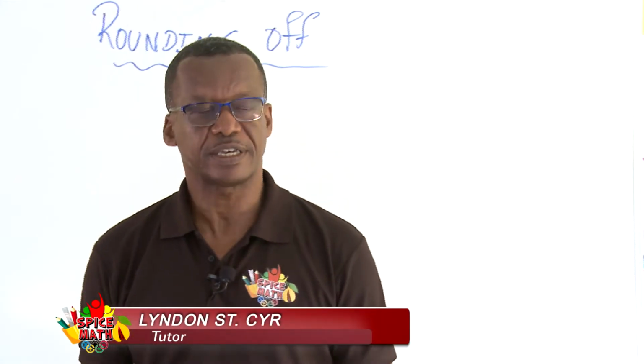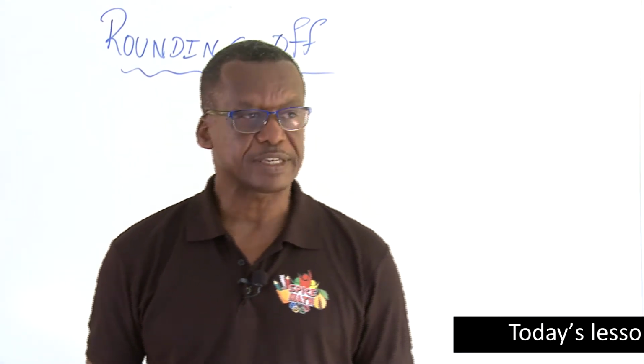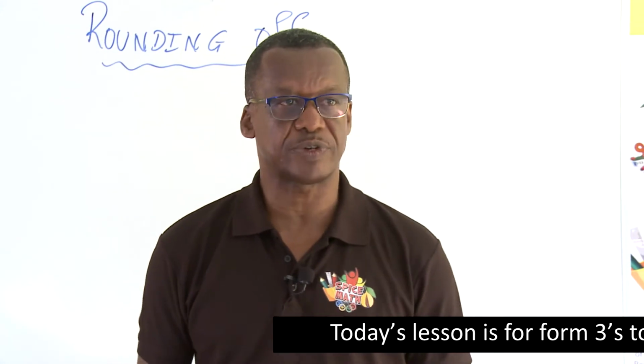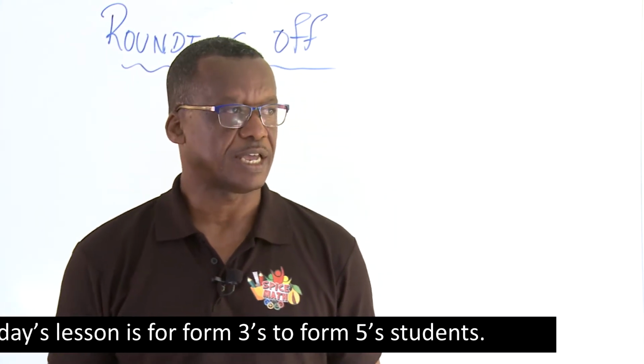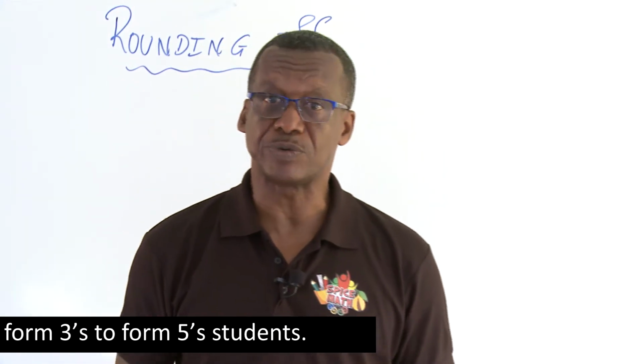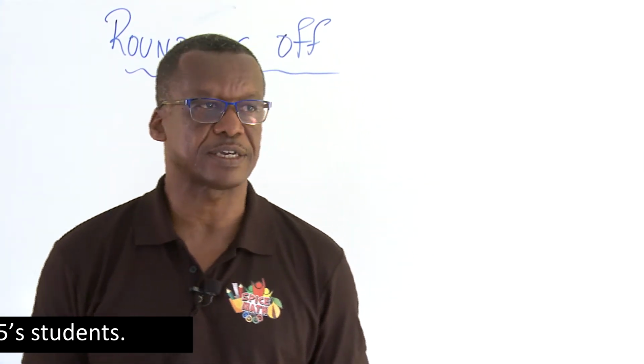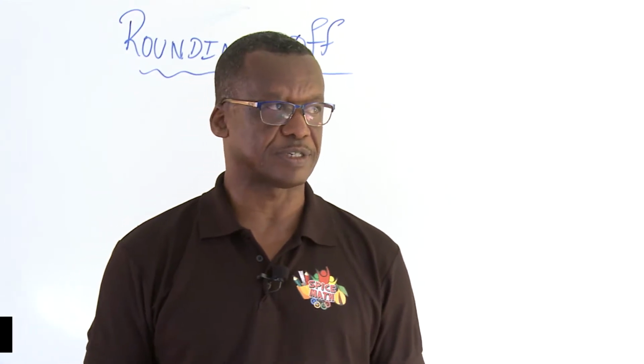Hello once again, welcome back to Spice Math. And today we'll be looking at rounding off and a few of the decimals that we spoke about in a previous lesson. This lesson is geared towards students of the Form 3, Form 4 and Form 5 levels, and for those of you who need a review as you prepare for CSEC coming up in the next couple of months.